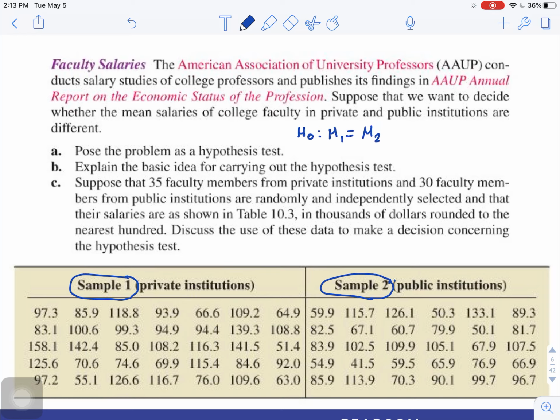So our hypothesis is that the two actual salaries on average for the population are the same. Our alternative is going to be that they are not equal. So it's not that one is greater than the other, it's just saying that they're not equal.